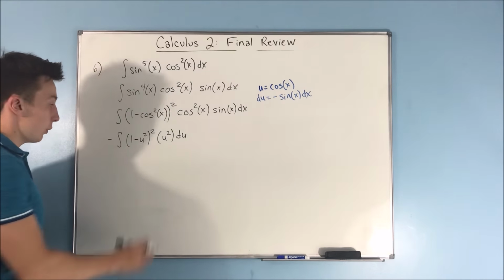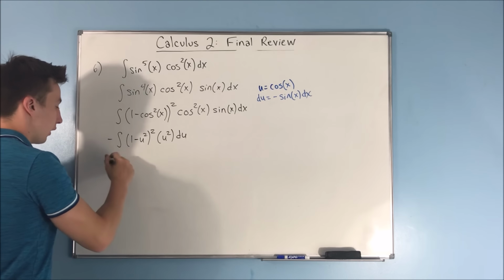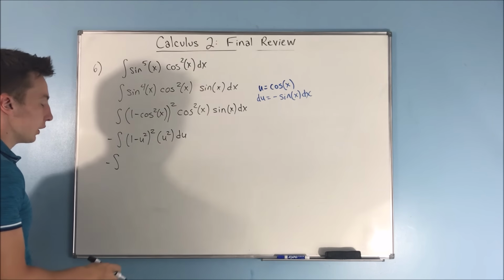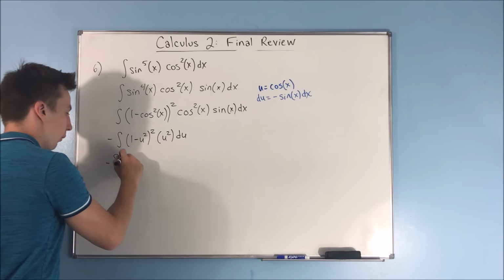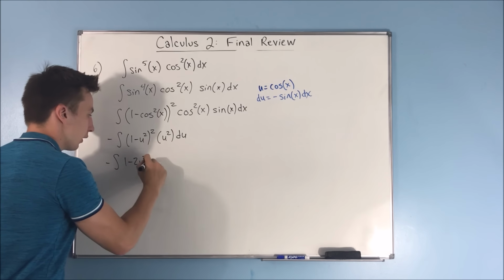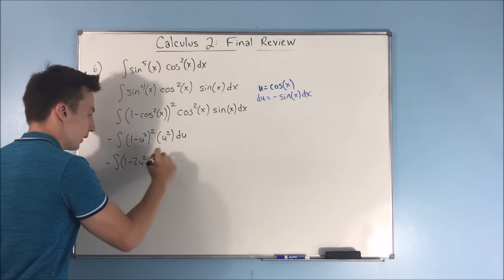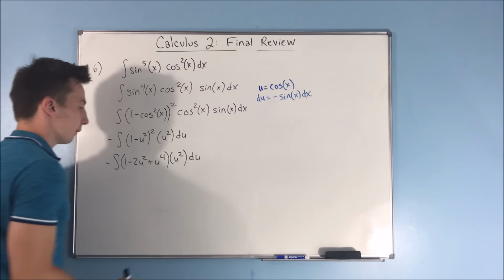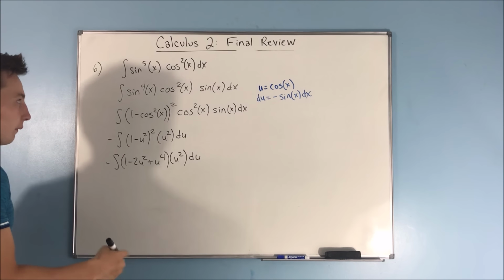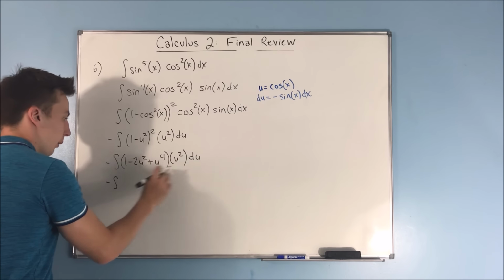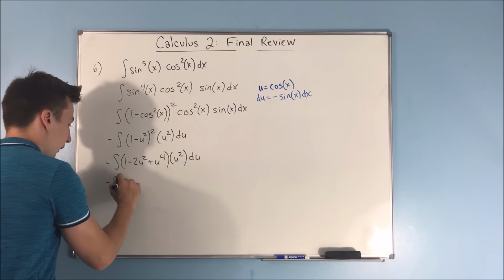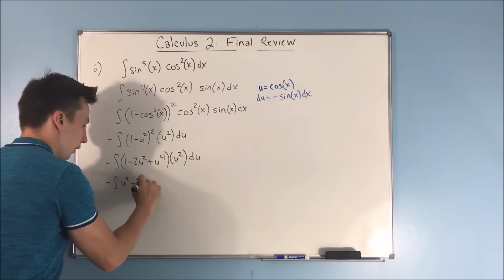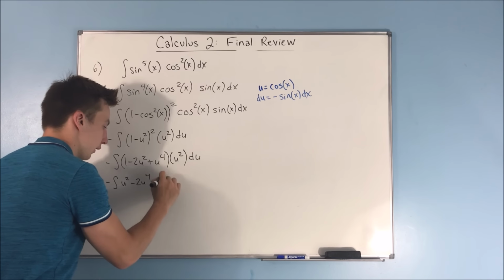So doing a little bit of foiling, and then we'll do a little bit of distributing in the next step, we'll have a 1 minus 2u squared plus u to the fourth, and that will be times u squared du. We can distribute through that u squared, and we get u squared minus 2u to the fourth plus u to the sixth du.